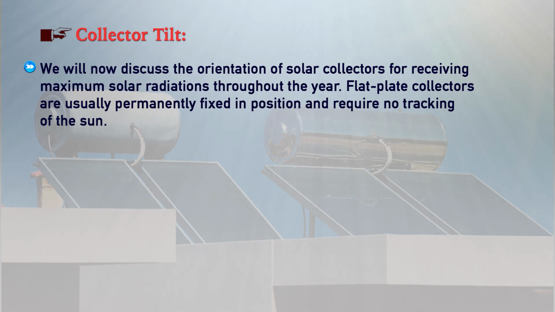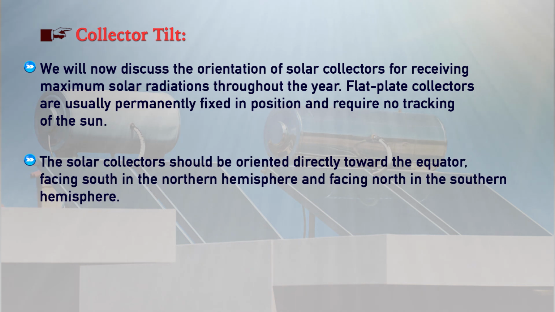Now we will discuss the collector tilt. We will now discuss the orientation of solar collector for receiving maximum solar radiation throughout the year. Flat plate collectors are usually permanently fixed in position and require no tracking of the sun. The solar collector should be oriented directly towards the equator, facing south in the northern hemisphere and facing north in the southern hemisphere.